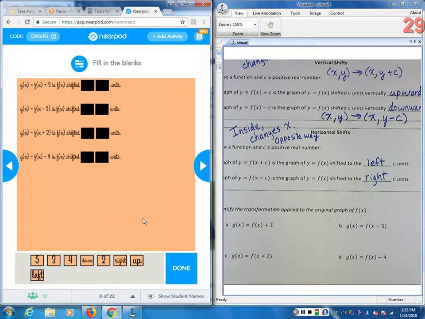Now, if I may, I could assign a self-paced Nearpod at some point. If you're doing a self-paced one, you get to control the navigation. So the arrows up here go to the next slide. But if you don't participate, it's going to tell me you didn't move these things.